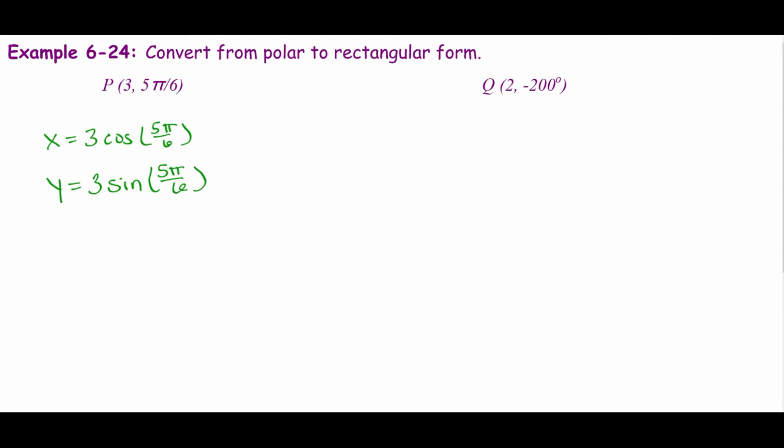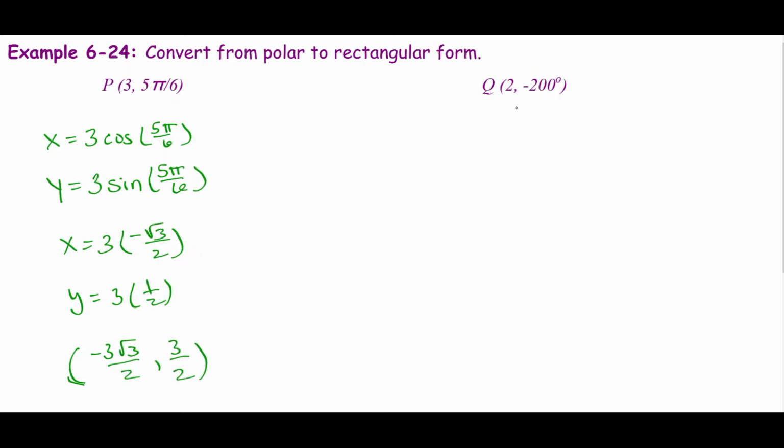We know the cosine of 5 pi over 6 is negative radical 3 over 2, so x is 3 times negative radical 3 over 2. And the sine of 5 pi over 6 is 1/2, so y is 3 times 1/2. So my point is negative 3 radical 3 over 2, and 3/2.